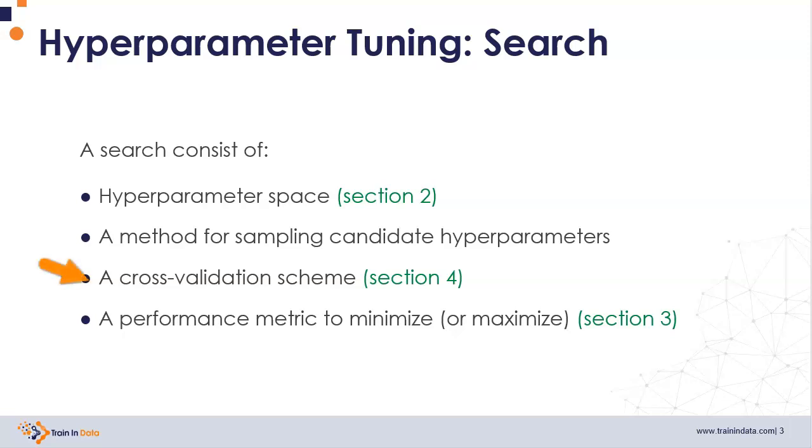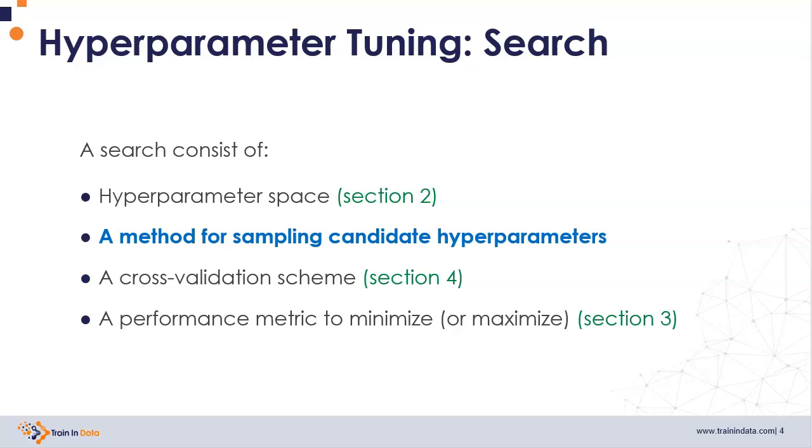A search also has a cross-validation scheme to estimate the performance and the error, which we discussed in section 4. And in the next couple of sections in the course, we're going to discuss the various methods available to us to sample different candidate hyperparameters.